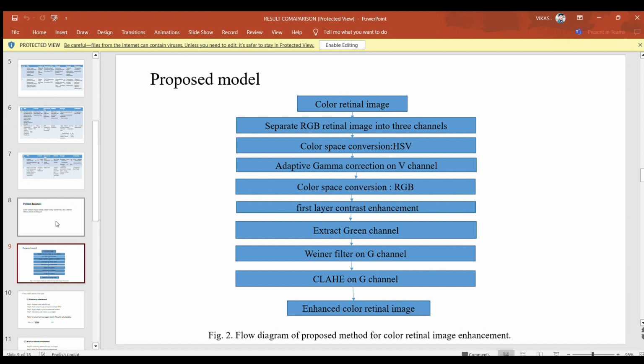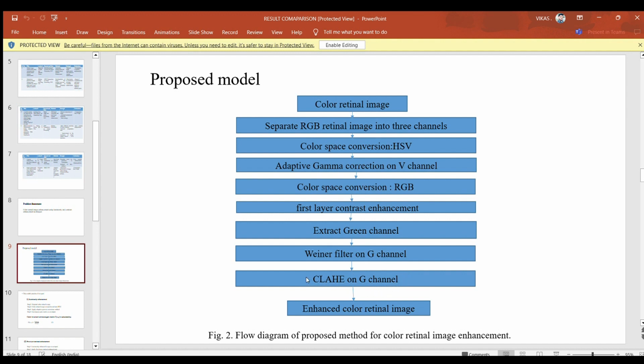Our proposed model takes a color retinal image as input, then converts it into HSV color space, then applies adaptive gamma correction on the V channel, then converts into RGB and merges. Then it applies first layer contrast enhancement on that output image, extracts the green channel, applies a Wiener filter on the green channel and then applies CLAHE on the green channel.